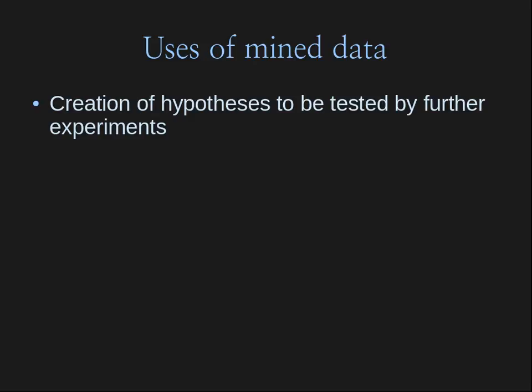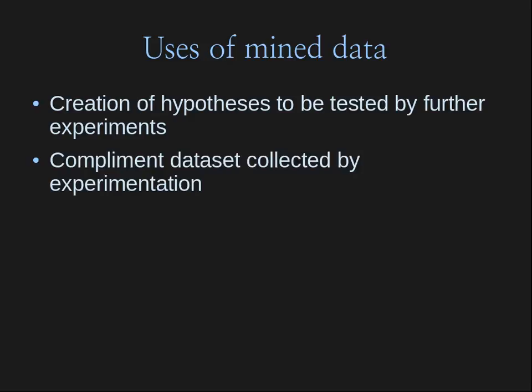You're looking at 200,000 genes, and you will find some that have differential expression by chance alone. Then you move on and do something like qPCR to follow up and see whether there is actually differential expression between two different tissues, two different developmental stages, whatever it is that you want to look at.